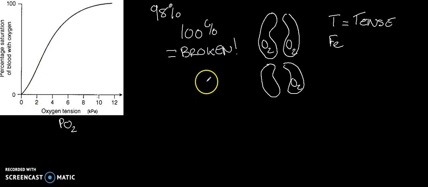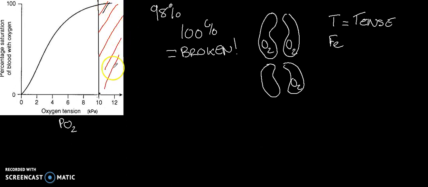Okay, so how do we actually go about applying this? A way of thinking about the application is that if we take our graph and draw a line here from the 10 kilopascal area up, we can think about this part of the curve as being a loading region.